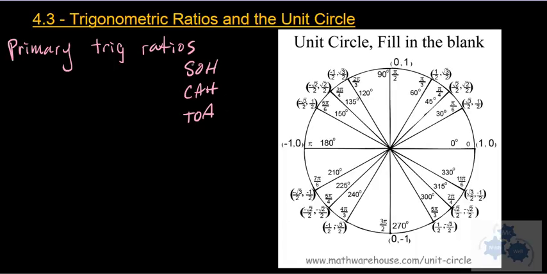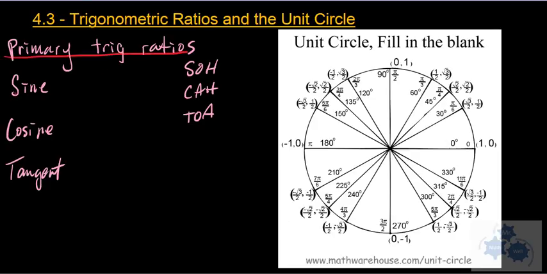So the primary trig ratios are the sine, cosine, and tangent. Of course, we abbreviate those as sin, S-I-N, cos, C-O-S, and tan.